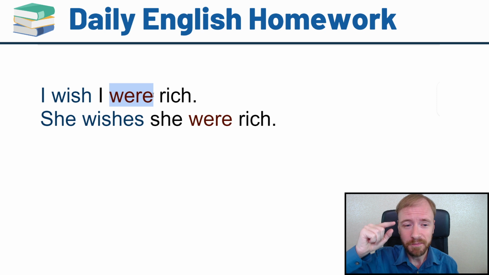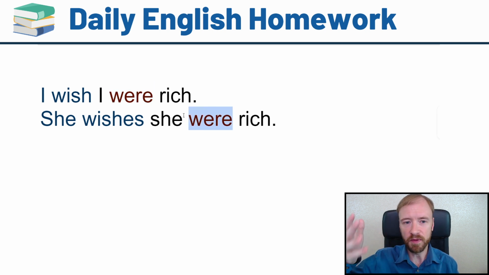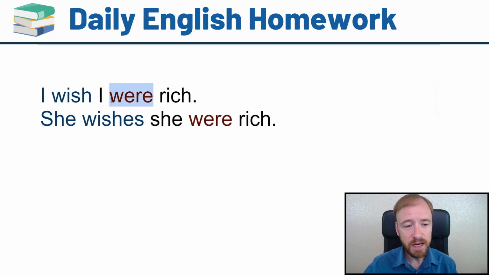But, very important, when expressing a wish, we want to use were for hypothetical or unreal, imaginary situations. So grammatically, you should not say, I wish I was rich. You should say, I wish I were rich.